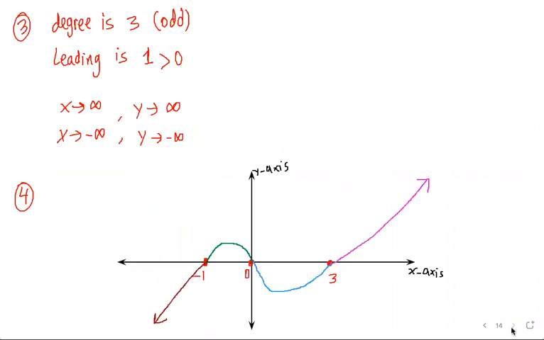Okay. So this is what we have about 3.2, the polynomial graph. Now let's go to the new chapter 4.1, exponential functions. Do you have any questions from the previous chapter?